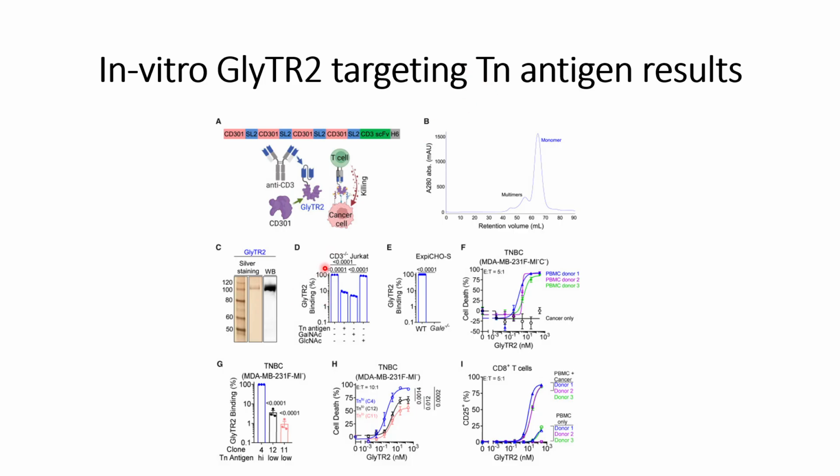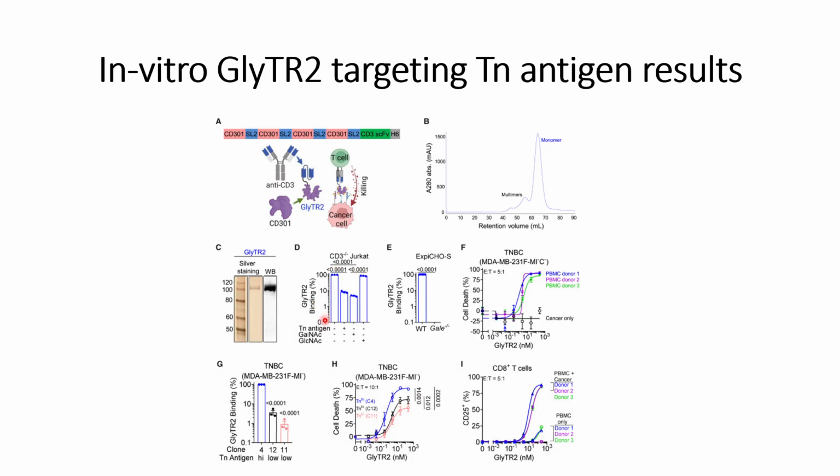The CD3 negative cells indicate that the CD3 part will not bind to the BITE, so binding is specific to CD301, not CD303, CD301. If GlyTR2 binds to the Jurkat cells, it is mainly because of CD301, because the Jurkat cells do not have CD3 on their cell surface.